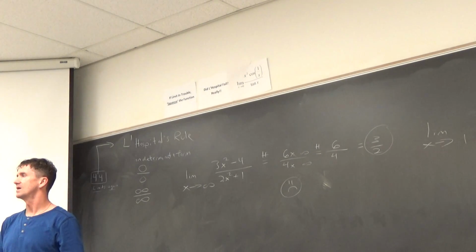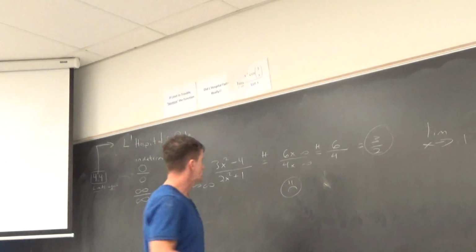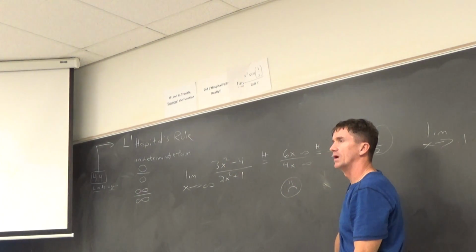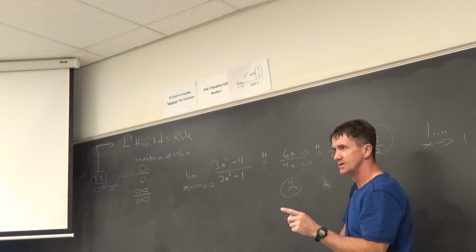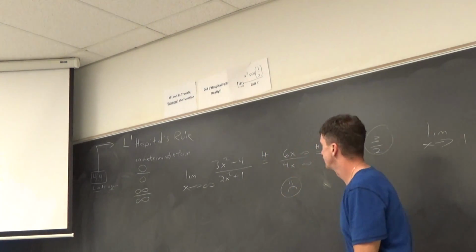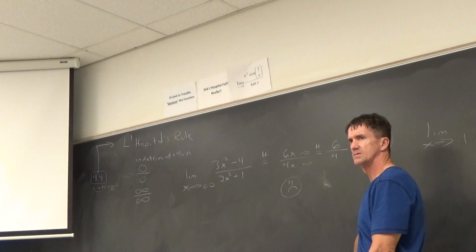Ben, shouldn't you put the limit symbol out in front of 6x over 4x? You can definitely do that. I think it's a great idea, and if you always want to write that limit expression each time, because eventually we're going to substitute this value here. Great call.